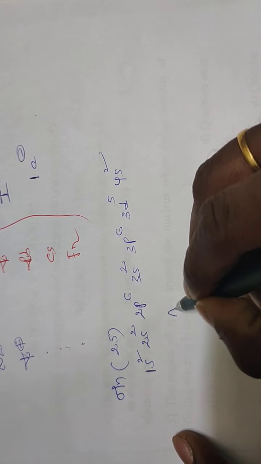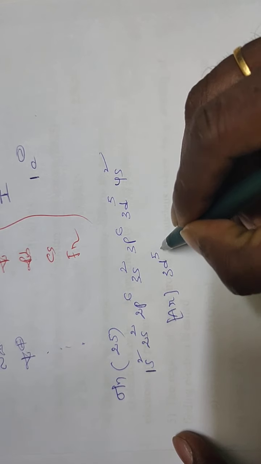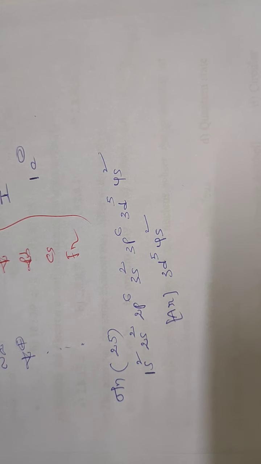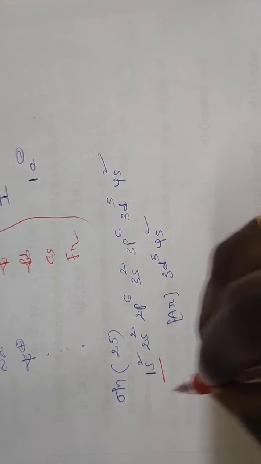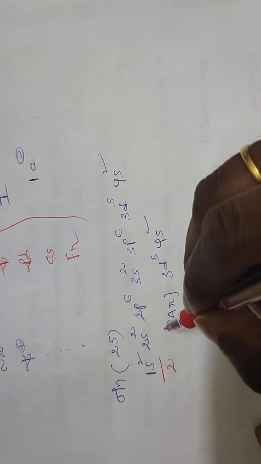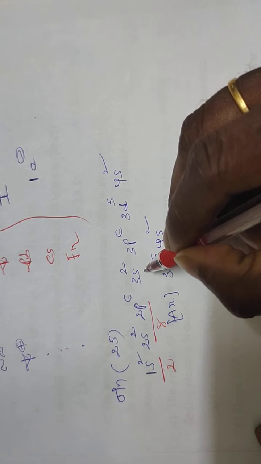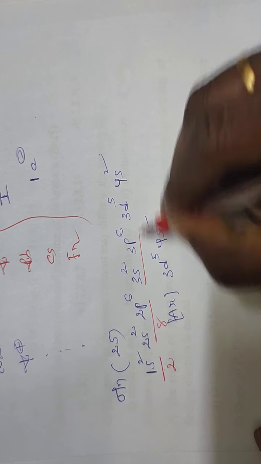Okay, so argon 3d5 4s2 is the electronic configuration of manganese. n equal to 1 shell has 2 electrons. 2s2, 2p6, n equal to 2 shell has 8 electrons. And then n equal to 3 shell, how many electrons?